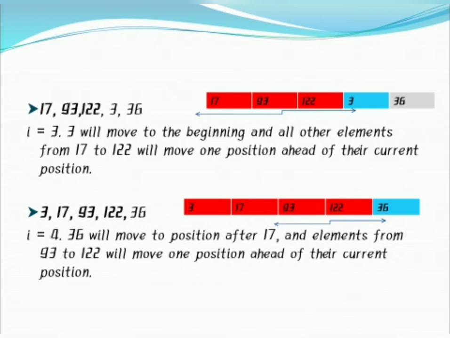i equal to 4. We have 36 at i equal to 4. 36 is smaller compared to 122. So 122 takes the position of 36 and we'll compare up to the 0th index. 36 is smaller compared to 93, but 36 is greater when compared to 17. So we will place this 36 after the 17.